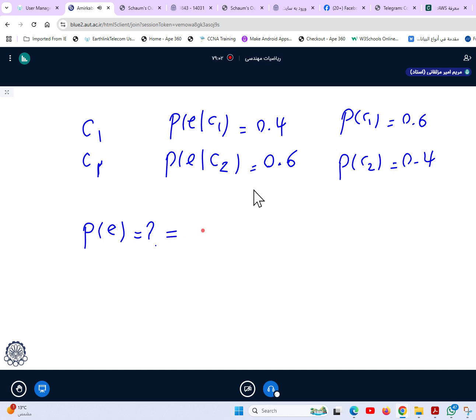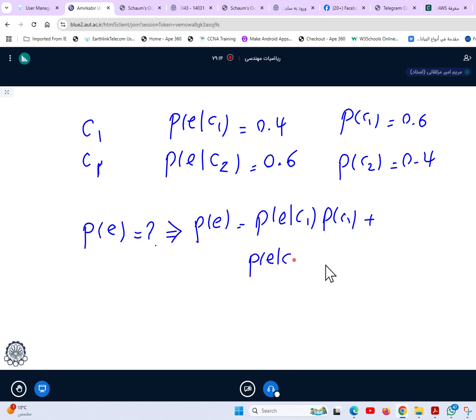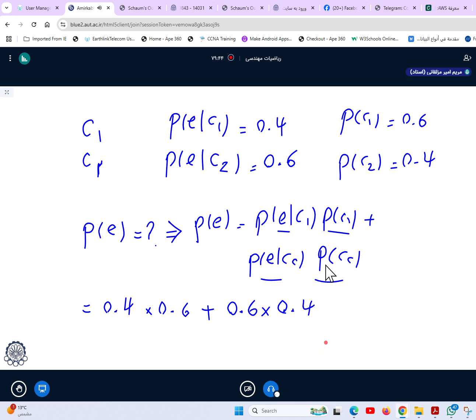So we use the total probability theorem, and we said that the probability of error is equal to the probability of error given class 1 times the probability of class 1, plus the corresponding term for class 2, and we replace the values in these parts. Any question about this example?